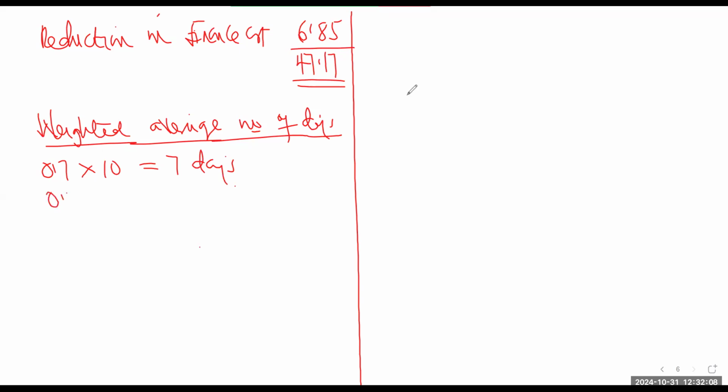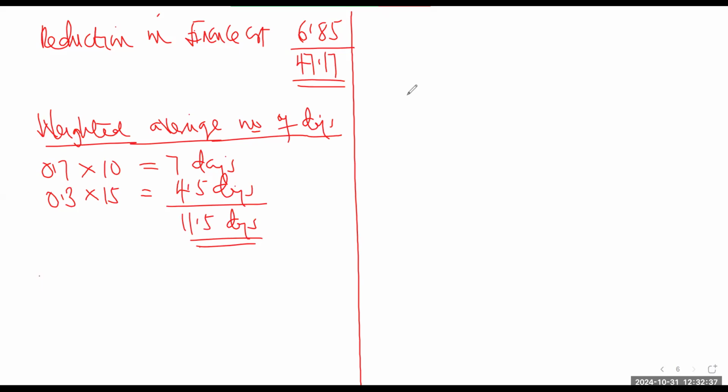So we have 0.3 multiplied by 15, which is 4.5 days. In total, how many days are you giving to them? 11.5 days.